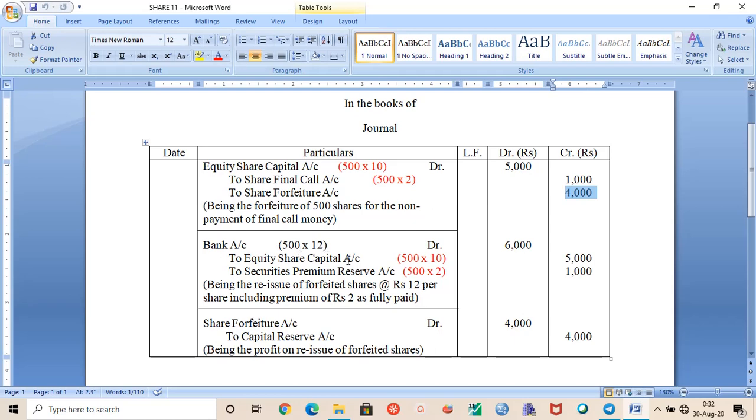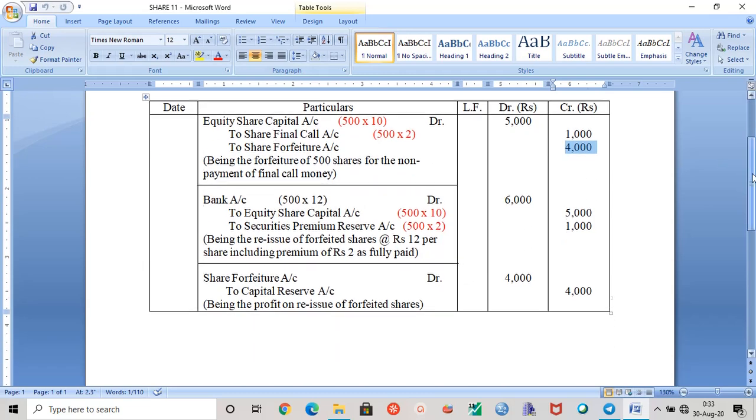But if these shares are reissued at rupees 8, which is below the nominal value of rupees 10, then at that point share forfeiture account should appear on the debit side. So just remember this kind of trick, and this is the entry.